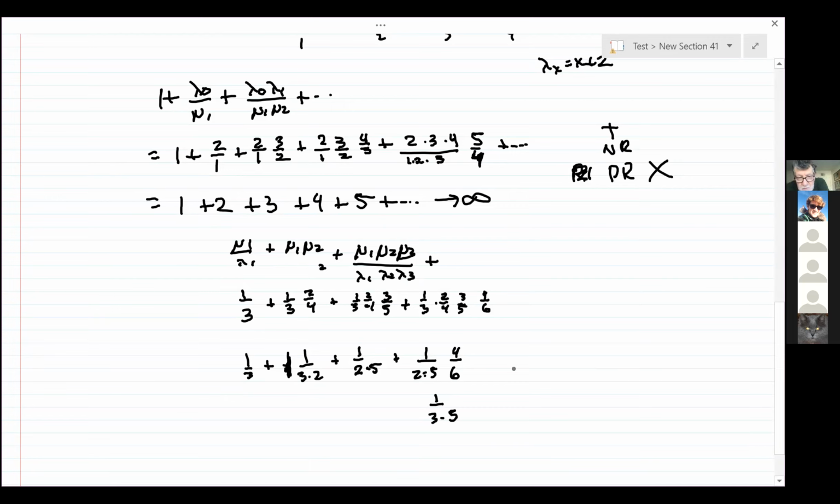Okay, I'm assuming I'm doing this right. If I'm doing it right, I've got 1/3 for the first one. I've got 1/3 times 1/2 for this. I've got 1 over 2 times 5 for this. And if I did this right, I'm getting 1 over what, 3 times 5?